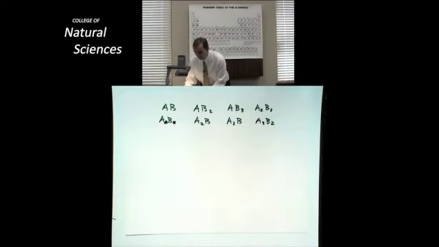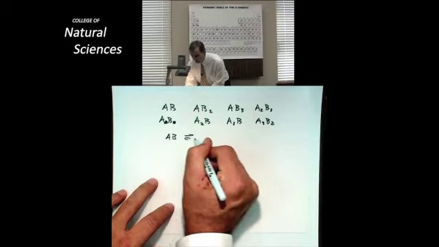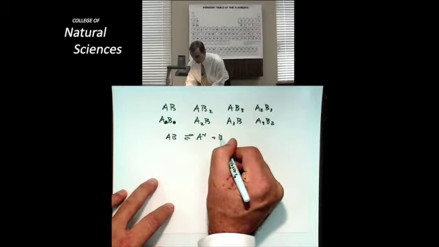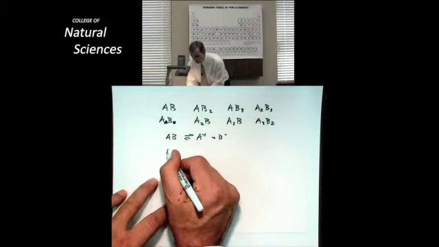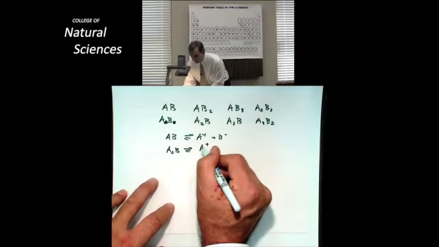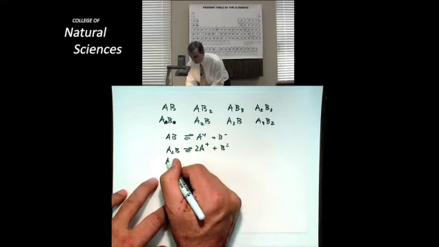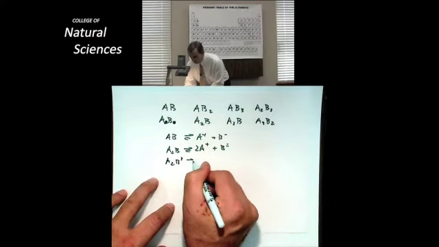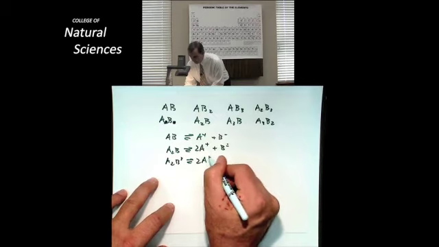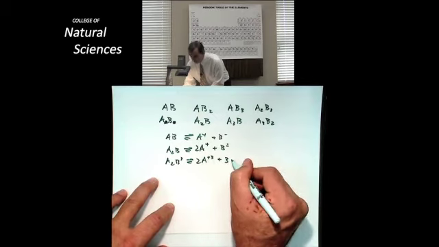So let me write equilibria for some of them. Here's AB, going to make A plus and B minus. Here is A2B, going to make A plus, but I've got two of them, and B double minus. Heck, here's A2B3. It goes to make two A plus 3s and 3 B minus 2s.